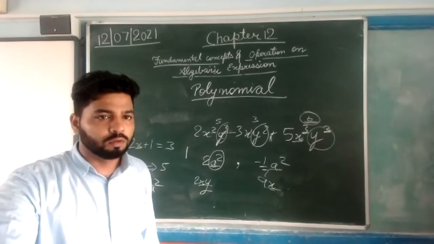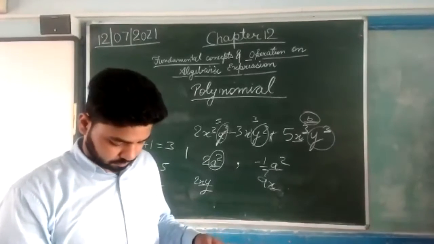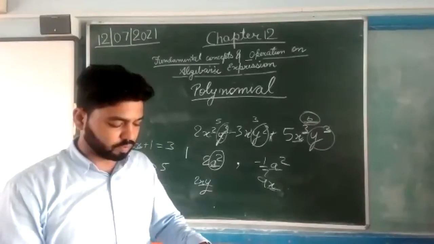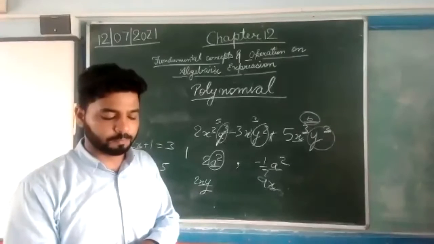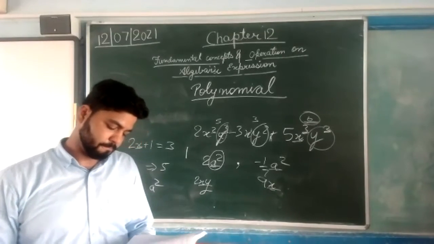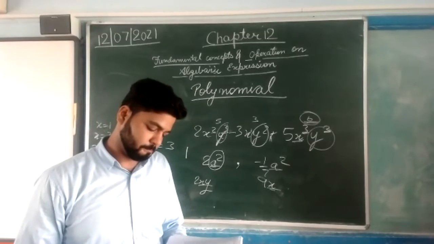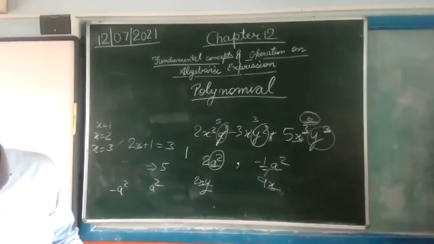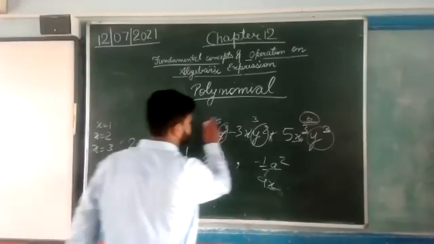Sir, in the 12th exercise, 5th question, sir, can you take one example? I am talking about exercise 12a. Yes, sir, in 12a, the 5th question. Sir, one example you can take and tell. Wait.